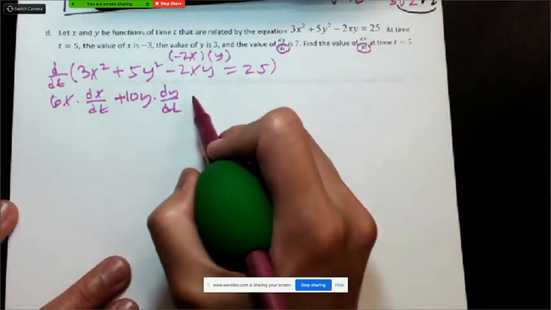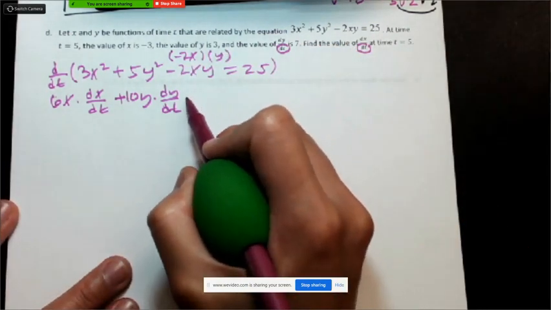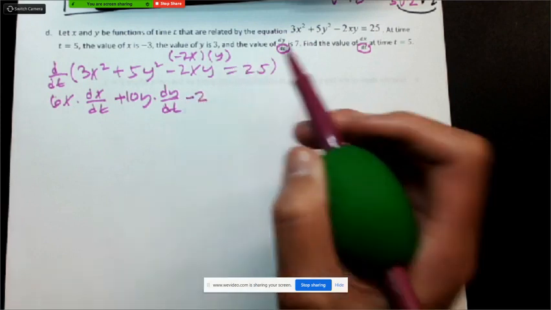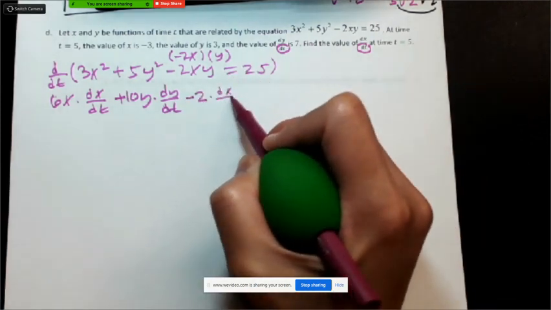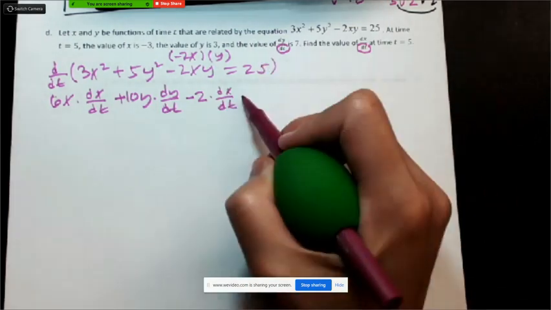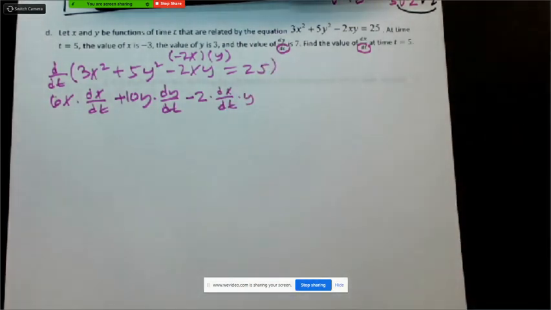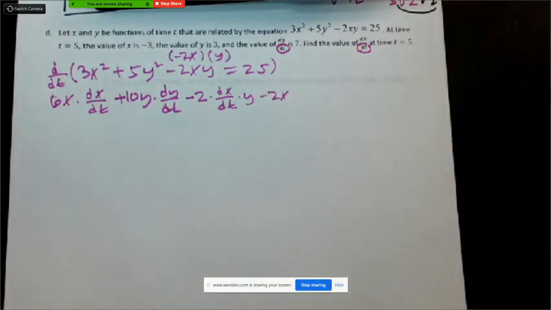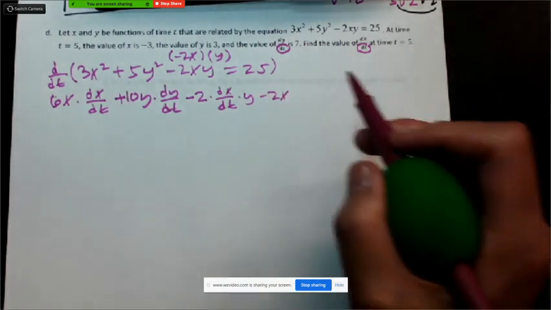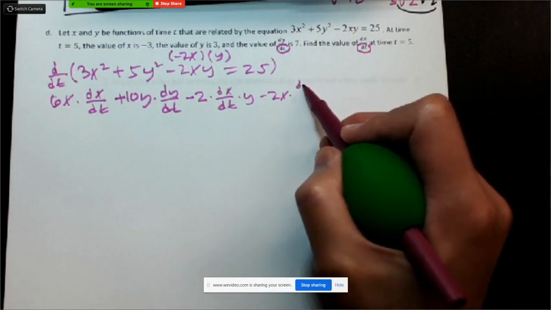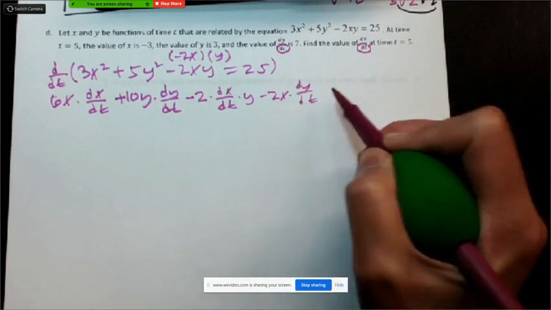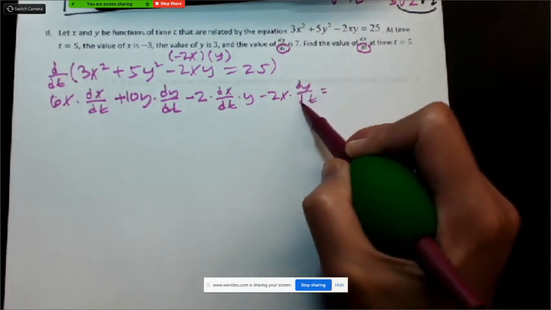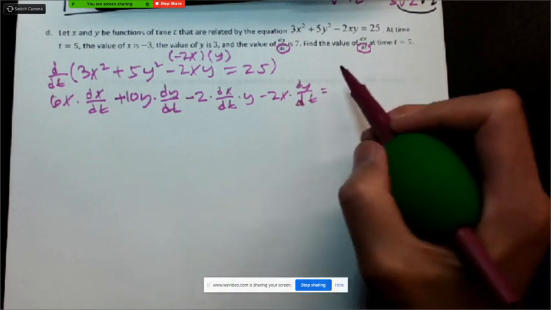The product rule says, derive the first one, which is -2, and again that's dx over dt, times my second one as it is. And then we keep the first one, which is -2x, and when I derive the y, it's going to give me 1 that I don't want to write out, but dy over dt is equal to, what is the derivative of all constants? 0.